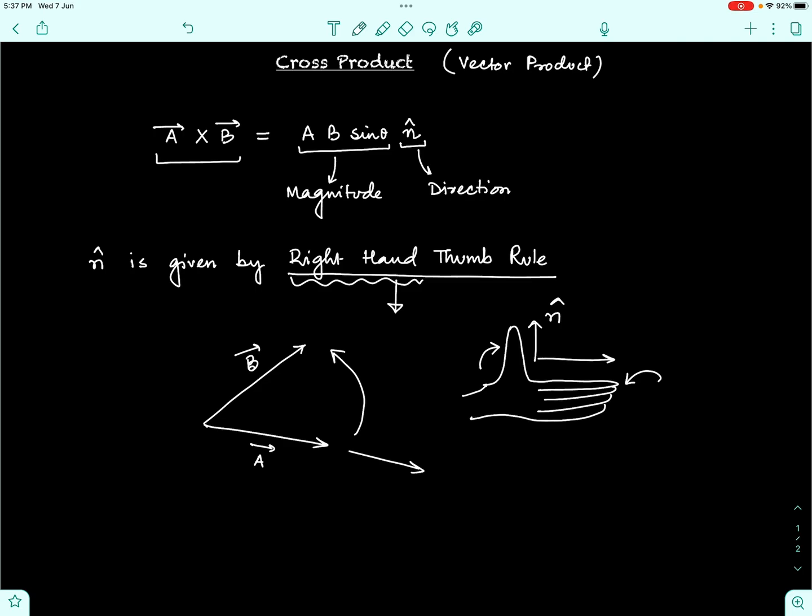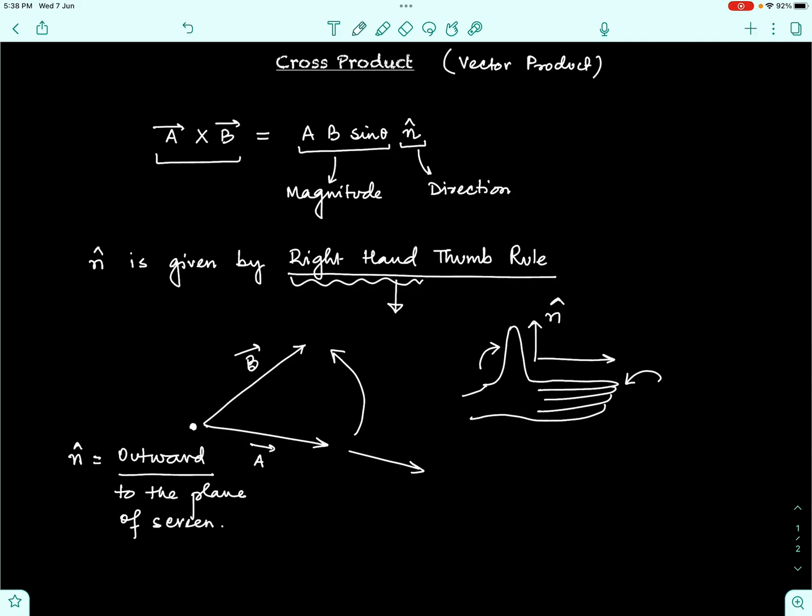Take your right hand, stretch your thumb and fingers, keep your fingers first along vector A and then curl them towards vector B, and you will see that your thumb is pointing perpendicular to this plane and coming outward, out of the plane. That means it will be towards you. So, in this case, the direction of the thumb will be outward, outside the plane of the screen, which is perpendicular to the whole plane of the screen. That is the direction of n cap, outward to the plane of the screen.